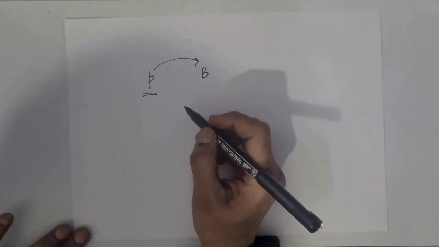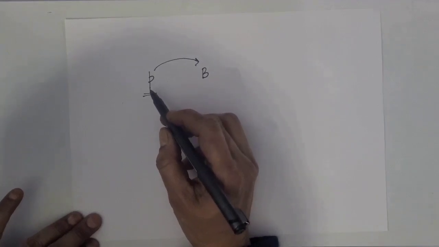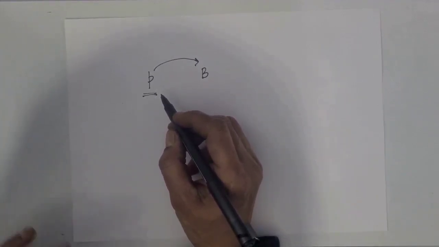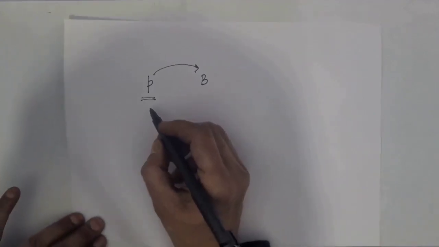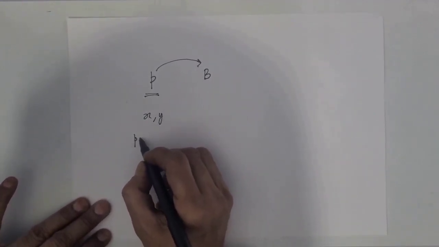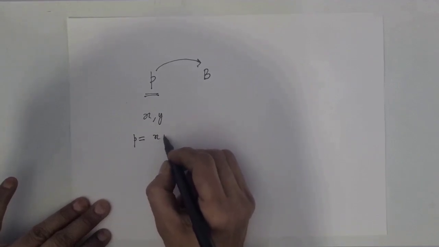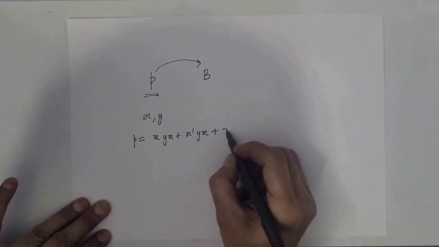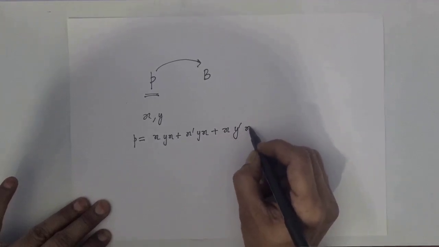Now, to make things simple, I will take a Boolean polynomial P, let's say over a set of two variables, or two unknowns, or two symbols, and let's say the two symbols are x and y. So let me take a Boolean polynomial P to be, let's say, x y x plus x dash y x plus x y dash x dash.